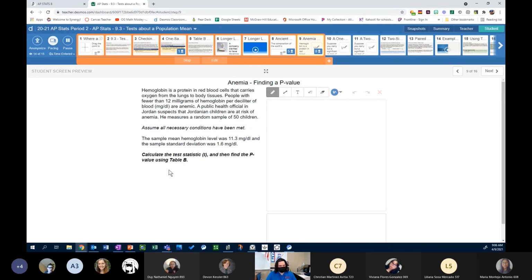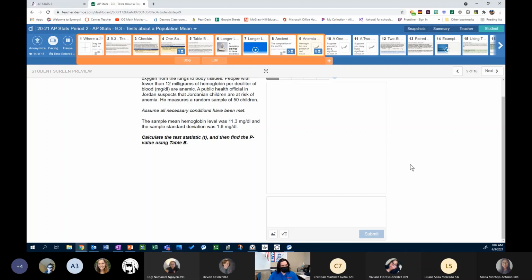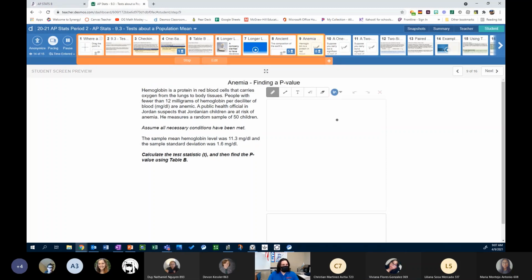So I want you to use table B for this example. I do want to point out that you do have extra ways of answering this question. If you have the means to write on your screen, you can scribble in this space up here. You can also choose to type in this space.